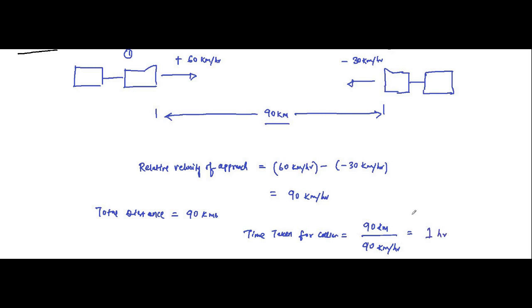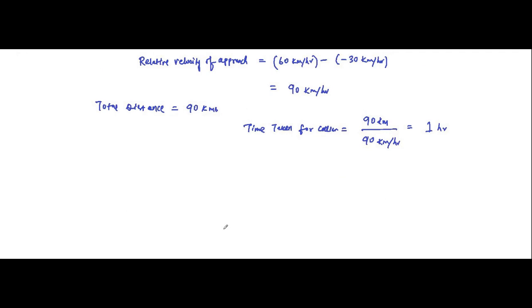So if we try to understand this, first this train traveling with 60 kilometers per hour in 1 hour, it will cover 60 kilometers, and this train moving with 30 kilometers per hour in 1 hour, it will cover 30 kilometers, and they will meet here.